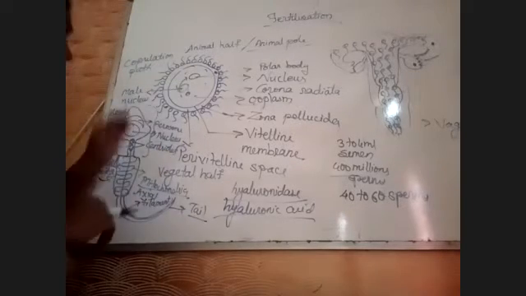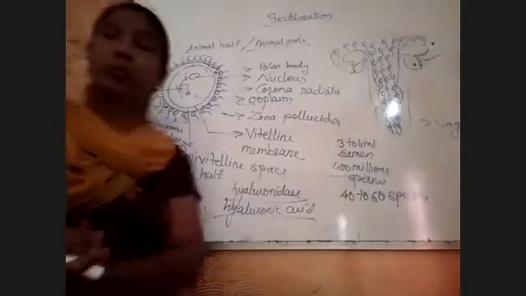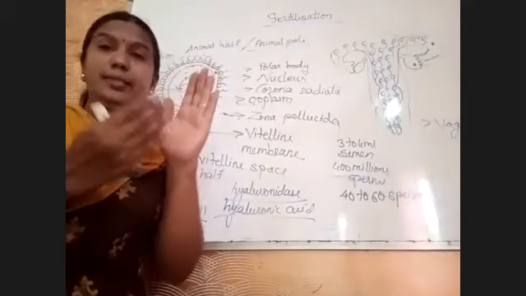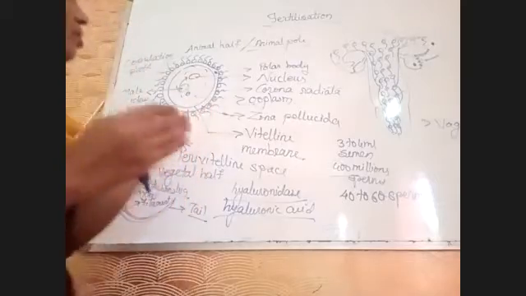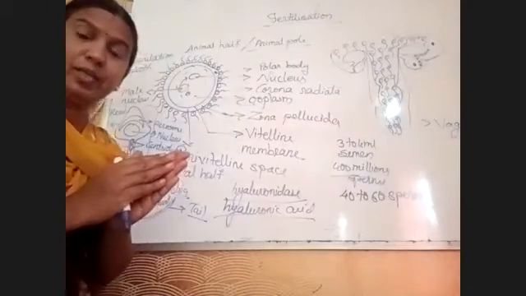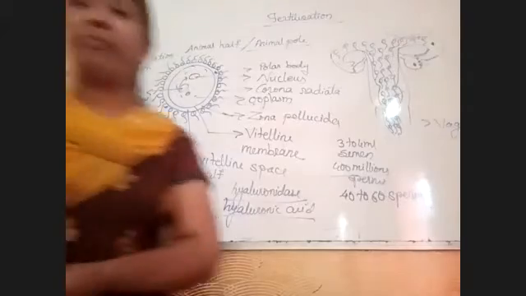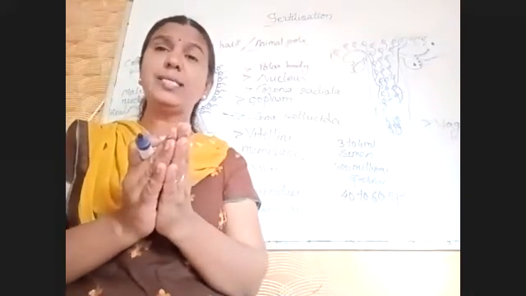As soon as it reaches here, it will turn 90 degrees, and then they will fuse with each other. That process is called amphimixis.